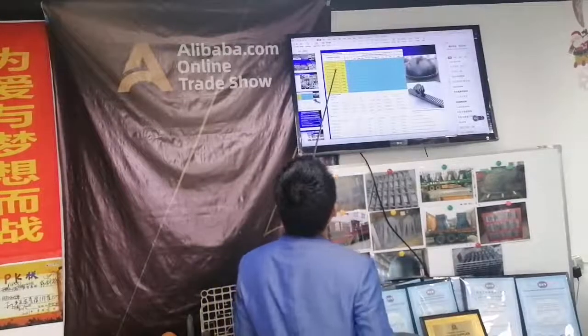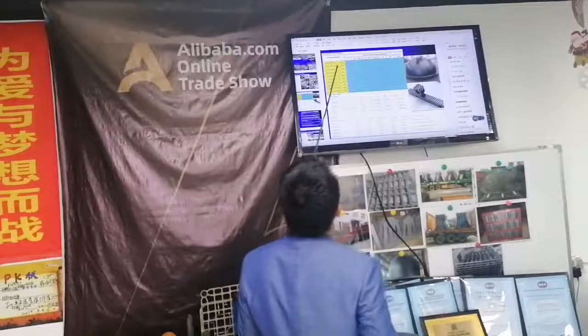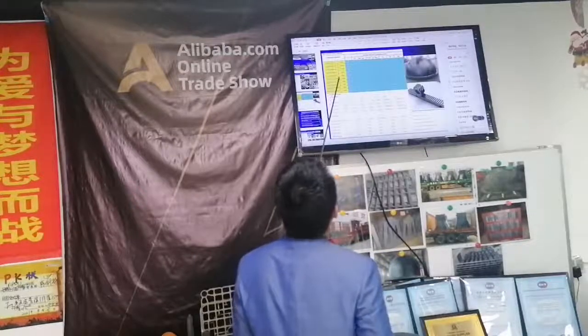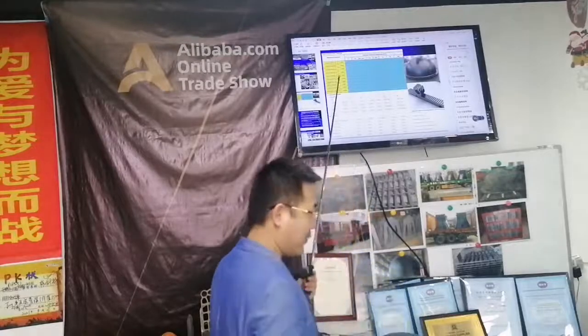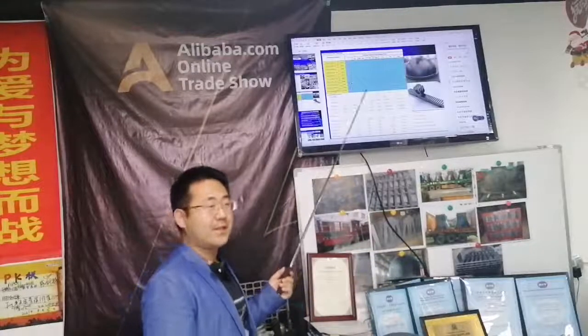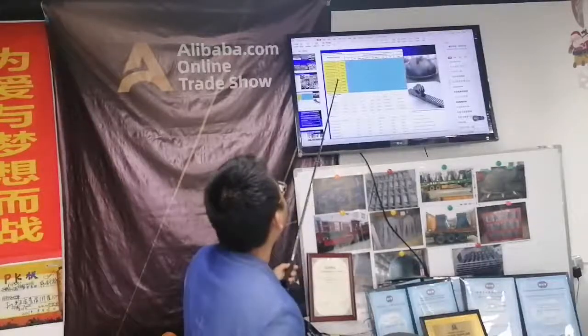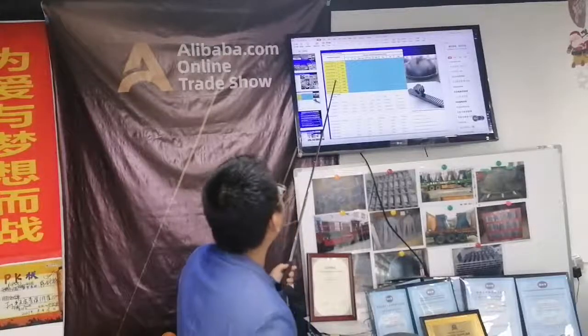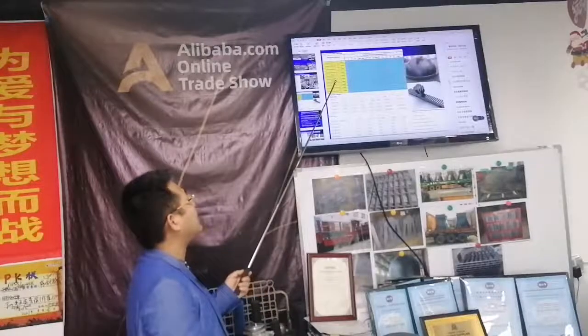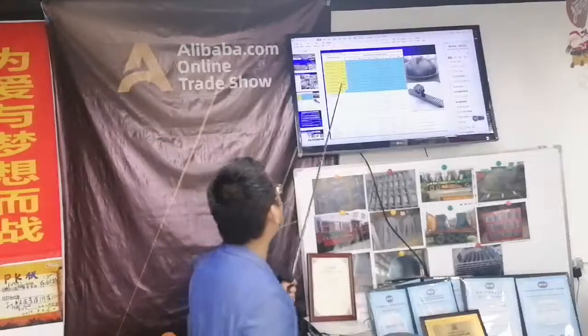And we also have another material, 1.4848, with codes 25 and 22.